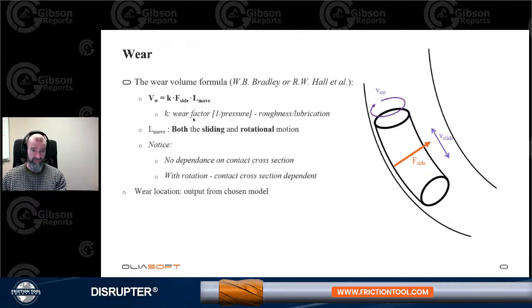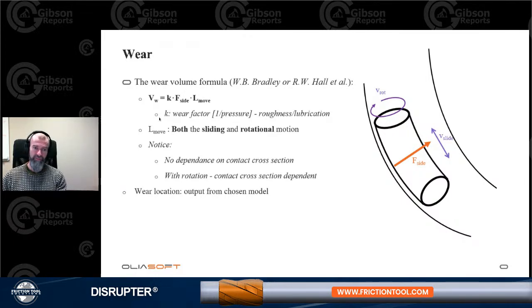The wear factor is given as 1 over pressure. So it's a factor that you need to either have found through maybe some studies of previous analysis, or from surveys or tests in labs, etc.